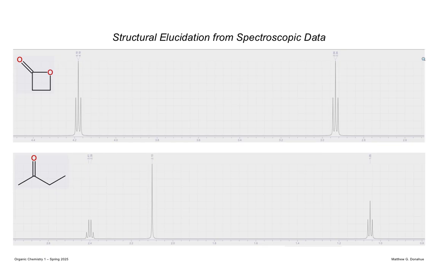And this is a blow up, because the prior slide was showing you 0 to 10 or 0 to 12. Now what I've done is just blown up the regions so you can actually see what the signals look like. Notice that it's not just a line that goes up and down, but each signal has more lines now.